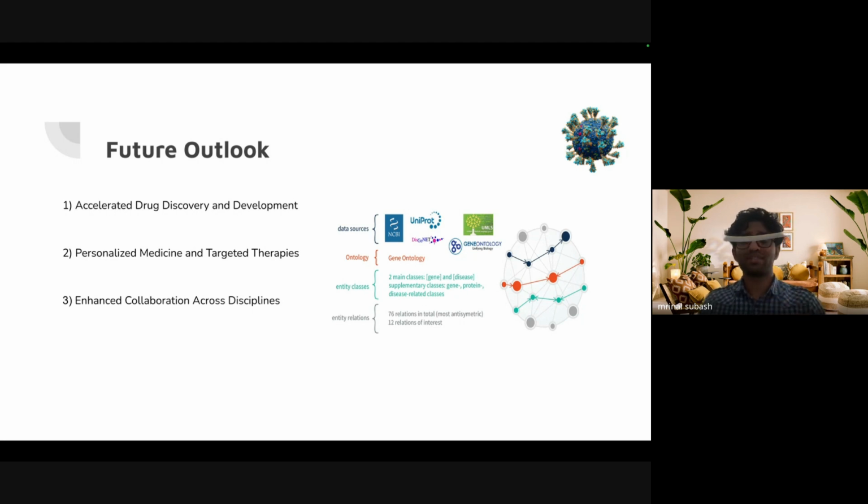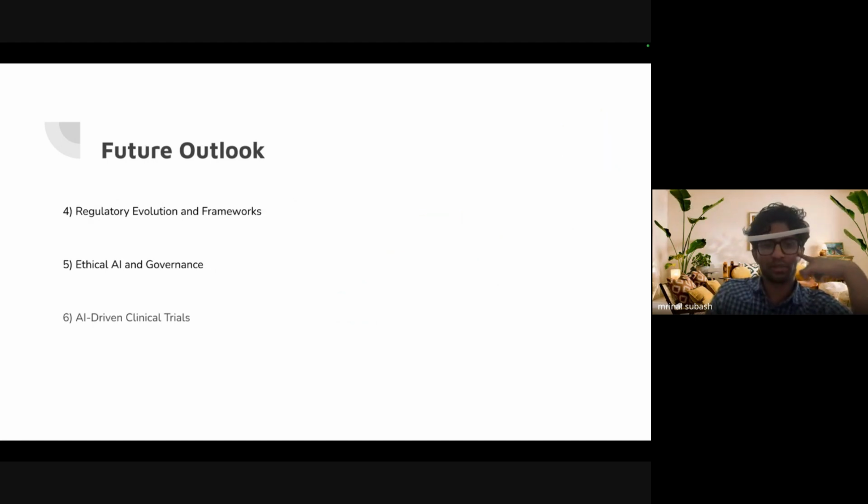This can hasten and ease the process of drug delivery to a particular patient who is in dire need of that certain drug. All of this is the potential, a utopian view of how AI can affect the future of drug discovery.